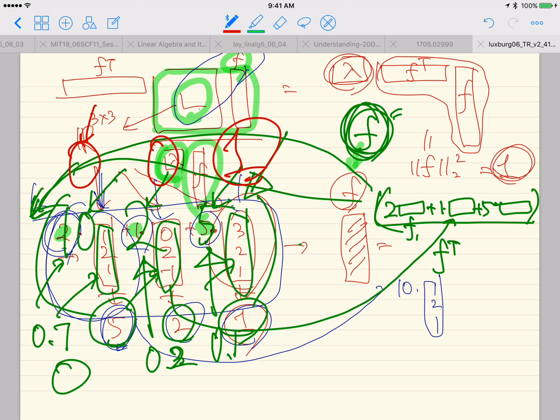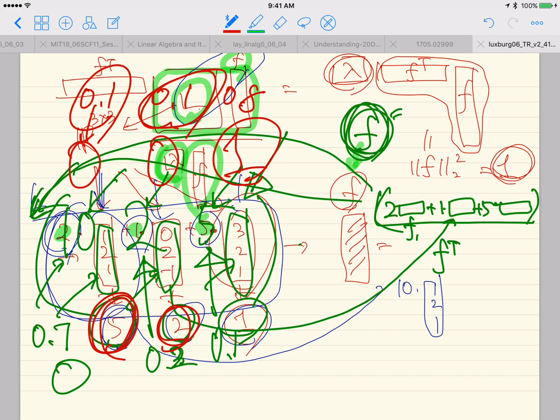Because if we had maybe 0.1, 0.9 and 0.8, then this one will be amplified by a factor of 5, which is the largest eigenvalue, and this one will be amplified by the second largest eigenvalue, and so on. In order to minimize this amplification, we have to assign all the linear combination coefficient to the smallest eigenvalue, the smallest eigenvector.